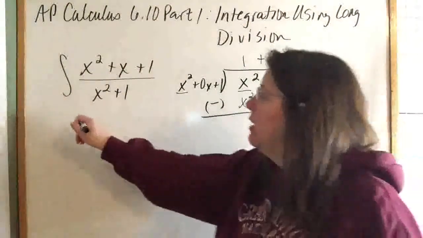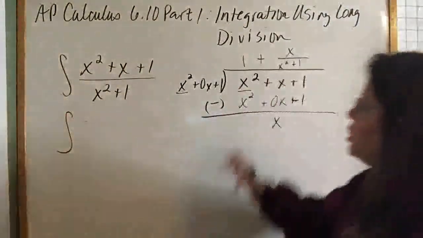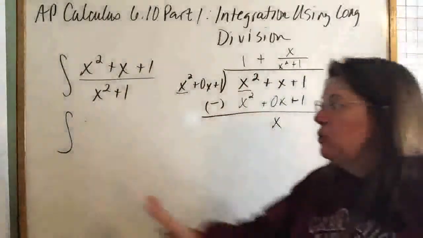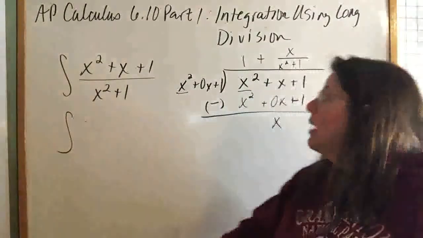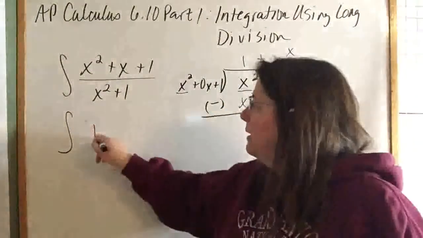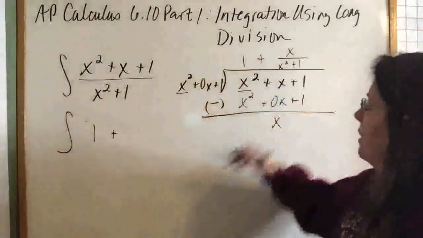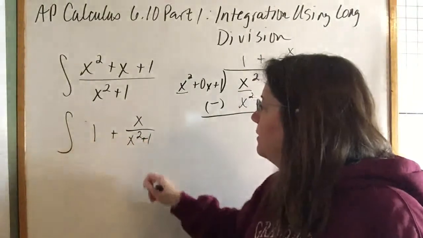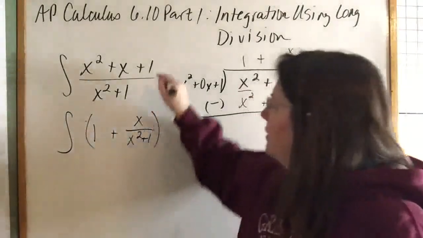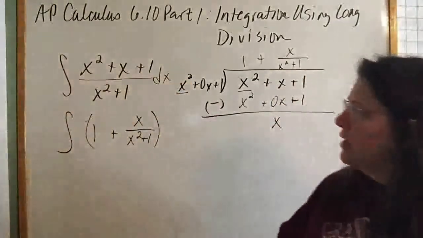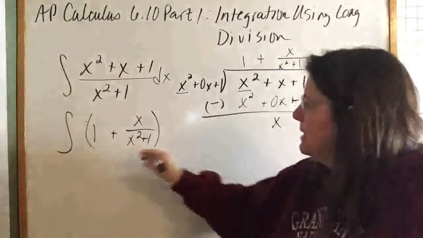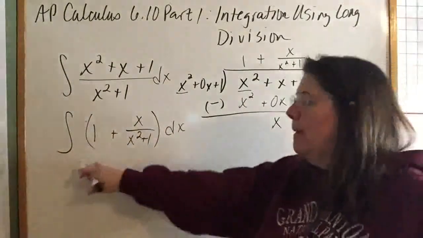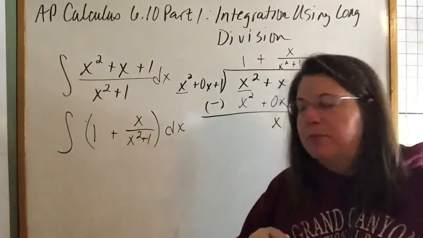Now over here, I'm going to use this as my new integration problem. So I'm going to put 1 plus x over x squared plus 1. Oh, this should have had the dx. I forgot to write that in there when I did it. This is now my new integration problem.